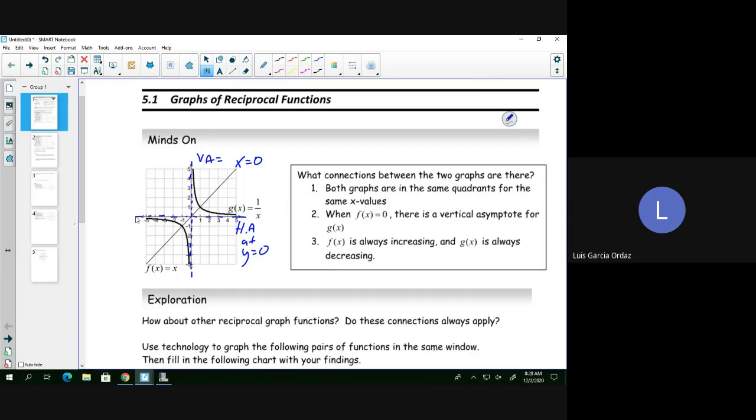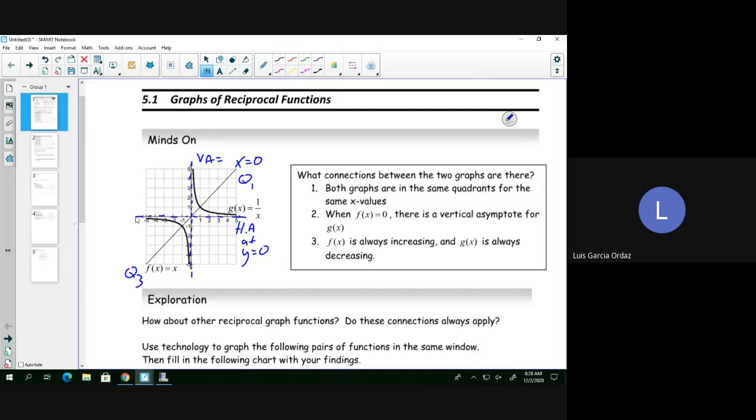Okay, so both graphs are in the same quadrants for the same x values. So if we take f of x, which is just the regular linear function, and its reciprocal, which is 1 over x, both of them lie in quadrant 3 and quadrant 1. When f of x is equal to 0, there is a vertical asymptote for g of x, which is the reciprocal.